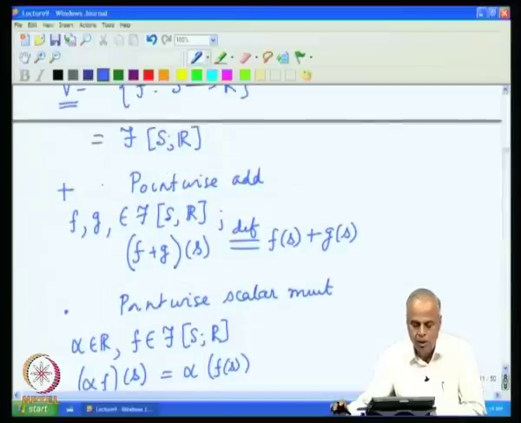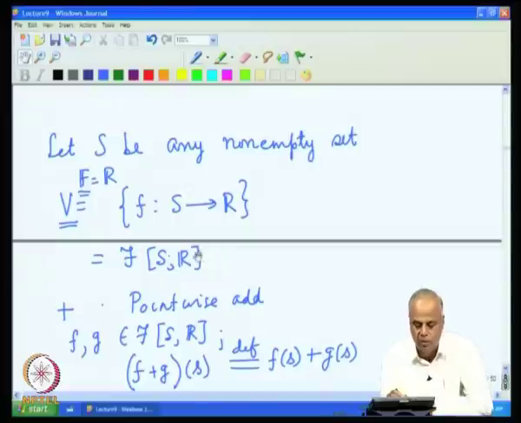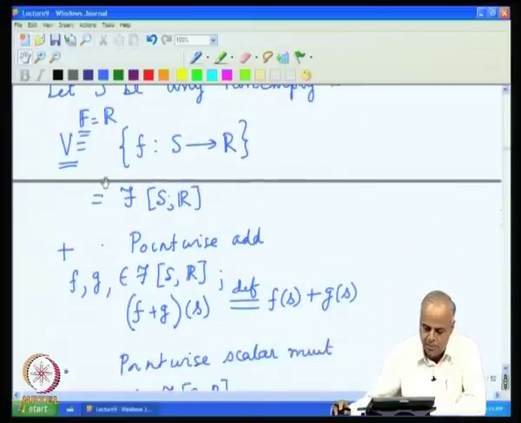So, we have the set V, the collection of all functions from S to R, real valued functions on the set S, and the field is the field of real numbers.